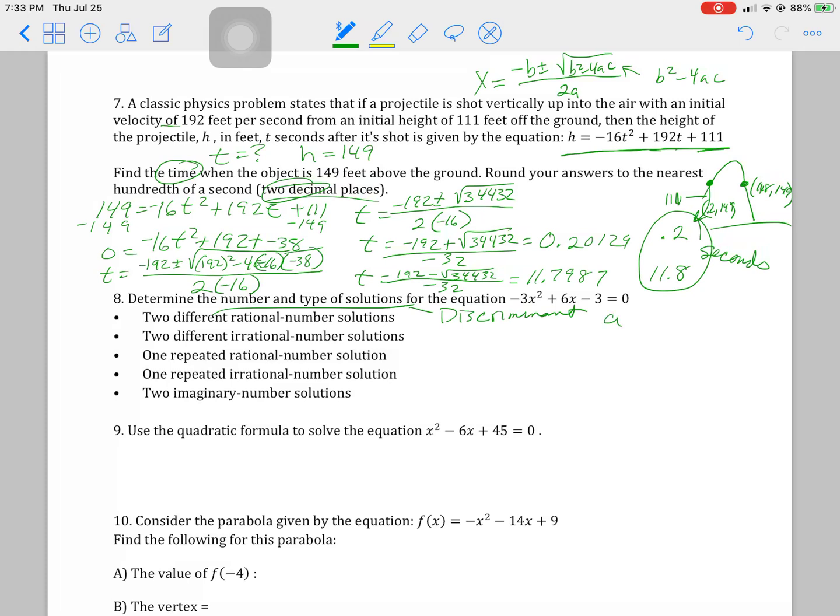So notice that the 0 is there, so that means this is good and in proper order. So a is negative 3, b is 6, and c equals negative 3. So b squared minus 4ac is going to be 6 squared minus 4 times negative 3 times negative 3. 36, oops.